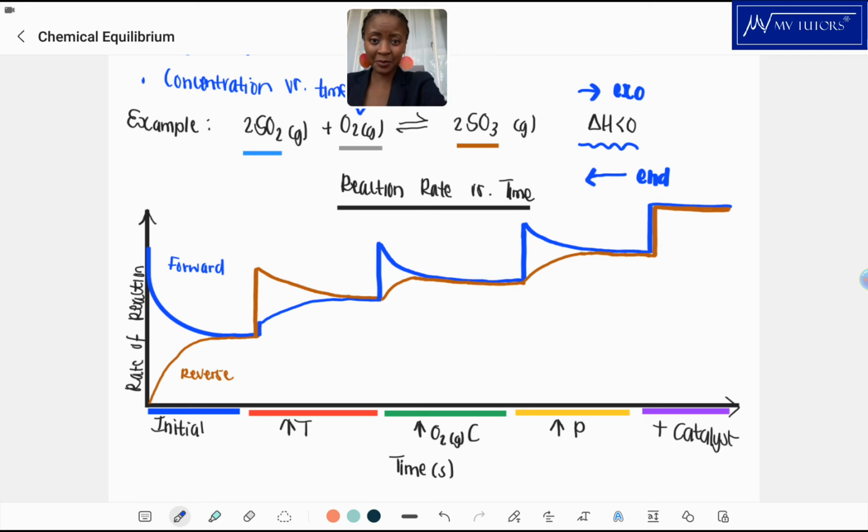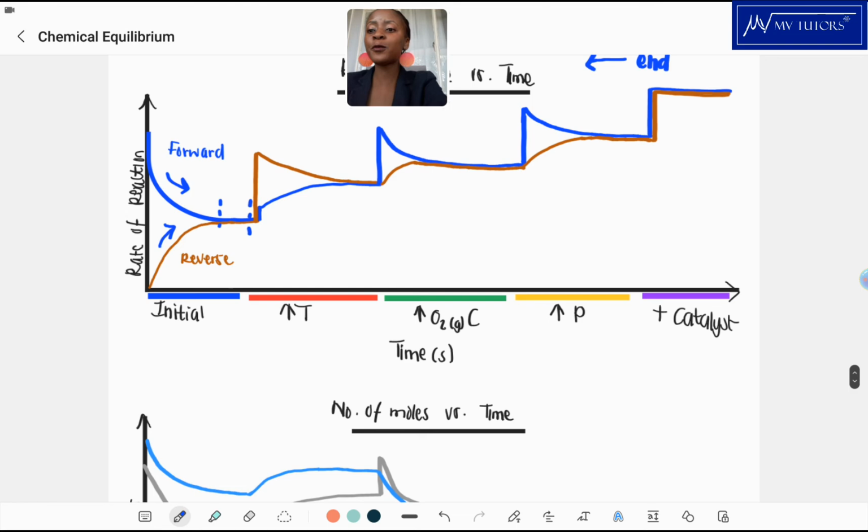Initially, the rate of the forward reaction will decrease with time. Why? Because your products are being formed, so the rate of the reverse will increase. But because we have dynamic equilibrium, do you see that the rate of the forward eventually equals the rate of the reverse? In this period over here, that is where equilibrium has been reached.